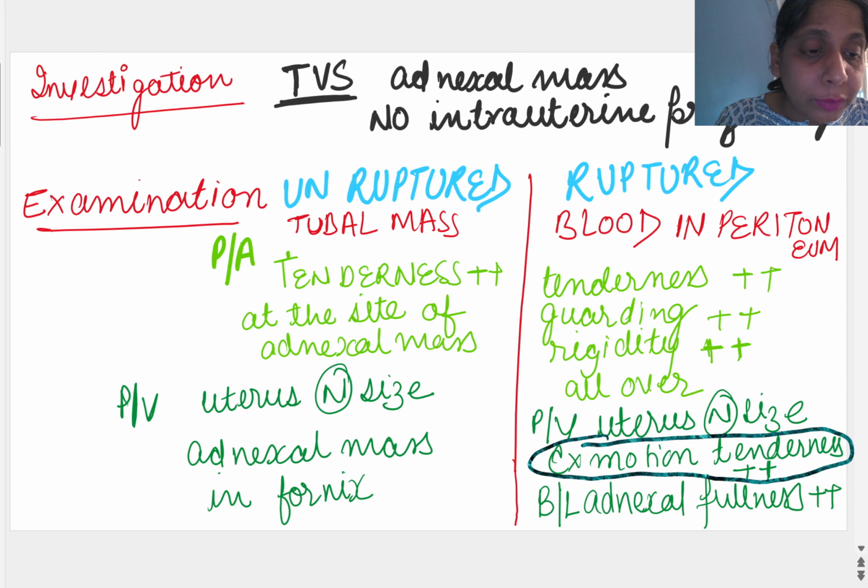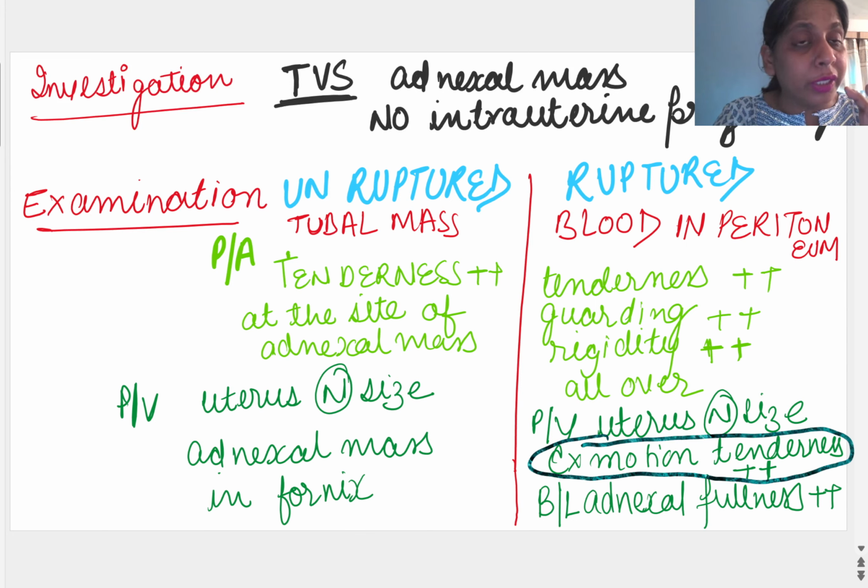Why is there cervical motion tenderness? Because there is blood in the peritoneal cavity. When we are doing the PV, we are moving the cervix by our finger, then what will happen? The cervix movement will irritate the peritoneum, and that will cause pain.